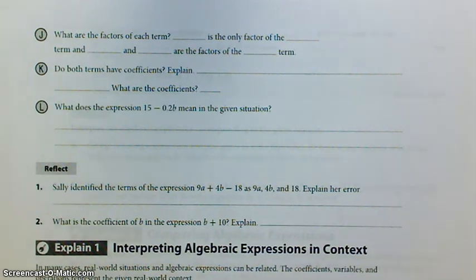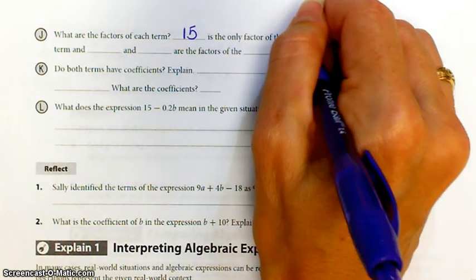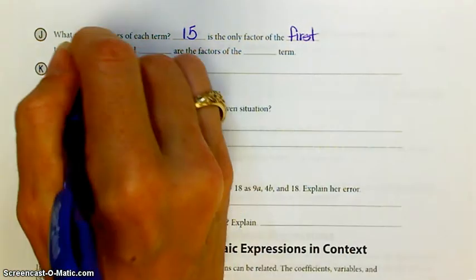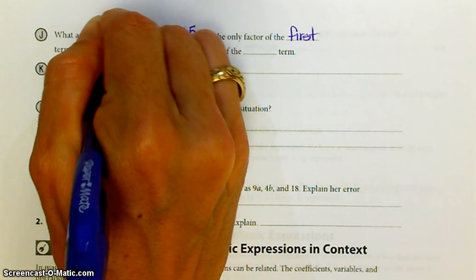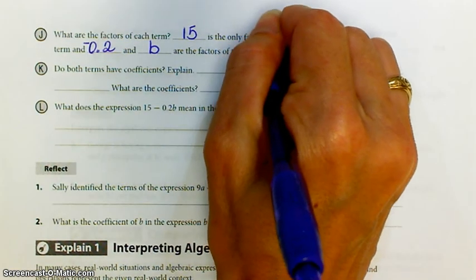Okay, Jay asks, what are the factors of each term? Well, 15 is the only factor of the first term. And 0.2, negative 0.2, and b are the factors for the second term.